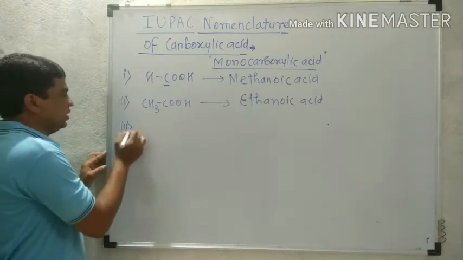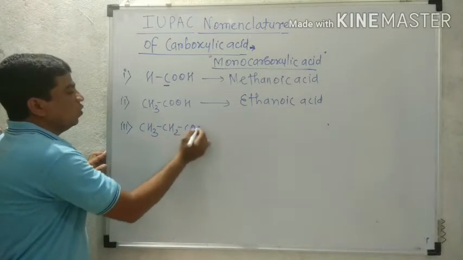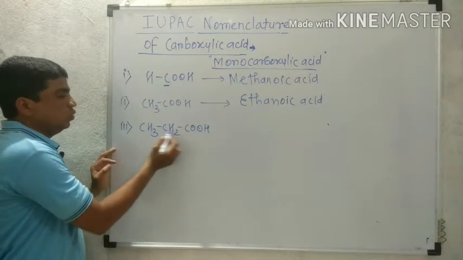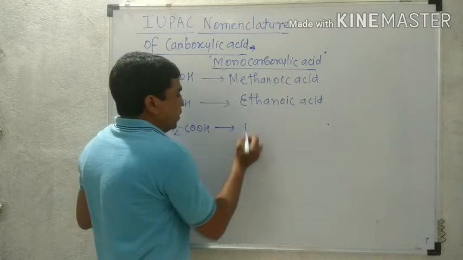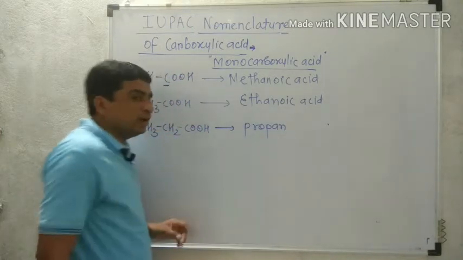Now, the third structure, CH3CH2COOH. How many carbons are in the chain? 1, 2, 3. Three carbons. Therefore, it is a derivative of propane. By replacing the ending E of propane, what remains?